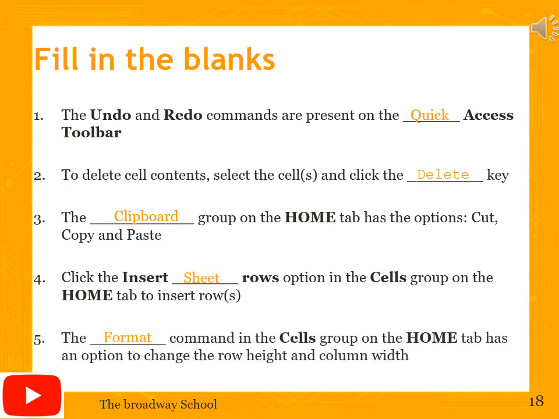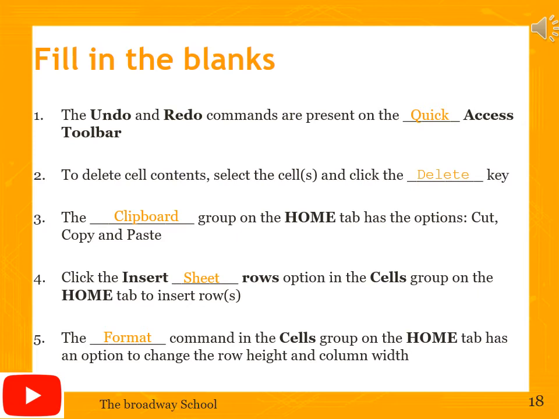Now students, make these fill in the blanks in your notebooks, and after closing the video you have to write answers by yourself. Again, honestly. Fill in the blanks. The undo and redo commands are present on the dash access toolbar. It's the Quick Access toolbar. To delete cell contents, select the cells and click the dash key.